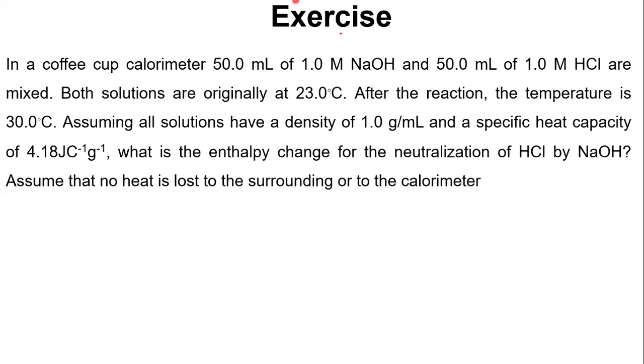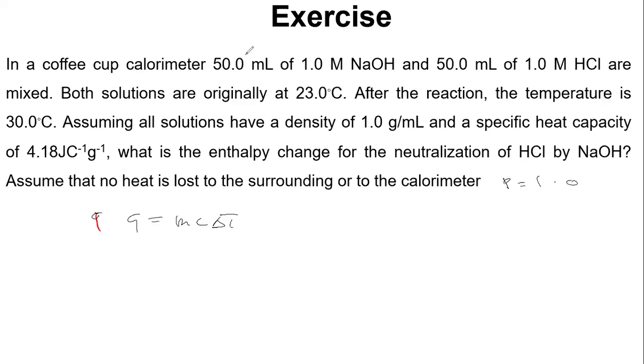Let's do it. Good. Now, the first formula without thinking is this one. Q is equal to MC, change in temperature. Now, what is the mass? We don't have the mass, but they have given us a density of 1.0, and they have given us a volume.